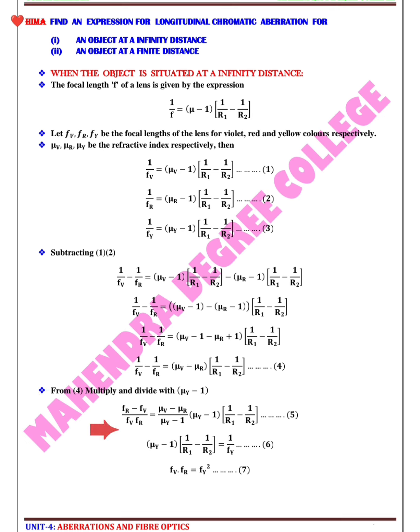We get Fr minus Fv by Fv Fr equals mu v minus mu r by mu y minus 1 into mu y minus 1 into 1 by R1 minus 1 by R2. This is equation number 5.